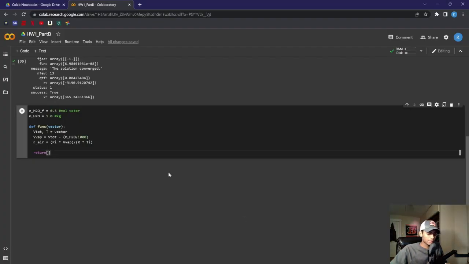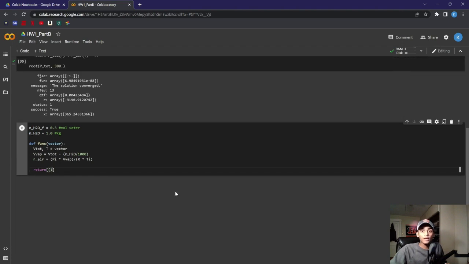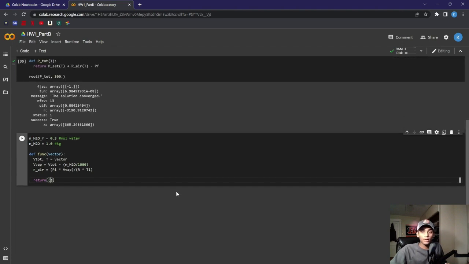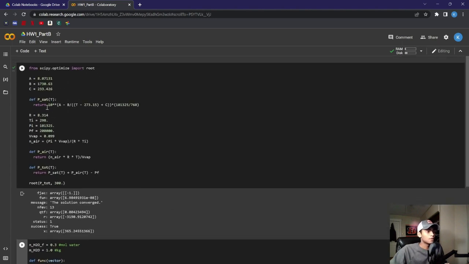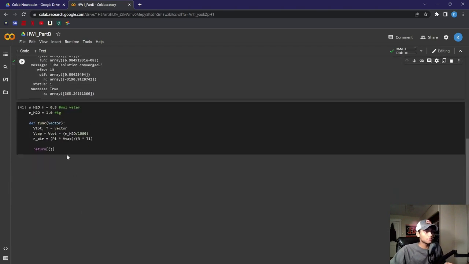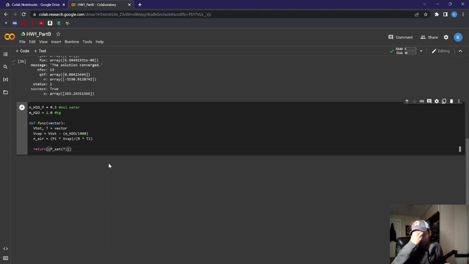So let's go back and let's type this out. On the top, we had the saturation vapor pressure of water. Remember that when equilibrium conditions hold, the pure component saturation vapor pressure is equal to the partial pressure of water and air. So we can just use this reference here, Control C, and have that there for our pressure.